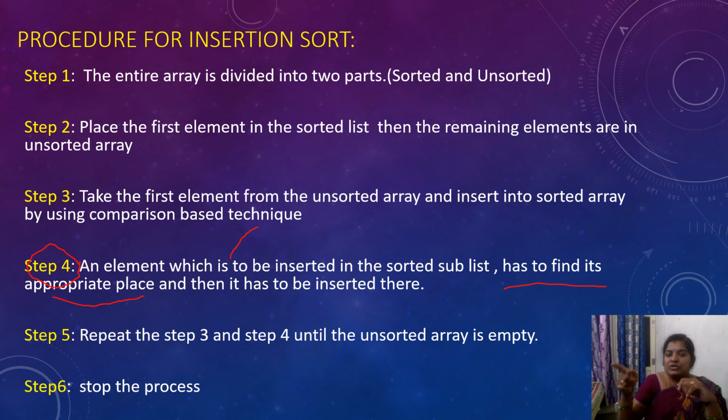Again we check whether any other element is present in the unsorted list. If it is, we move it to the sorted list using the comparison based technique. So we repeat step 3 and step 4.